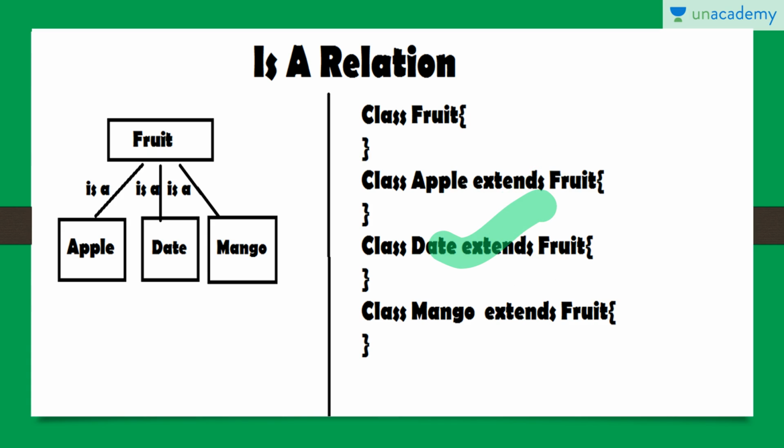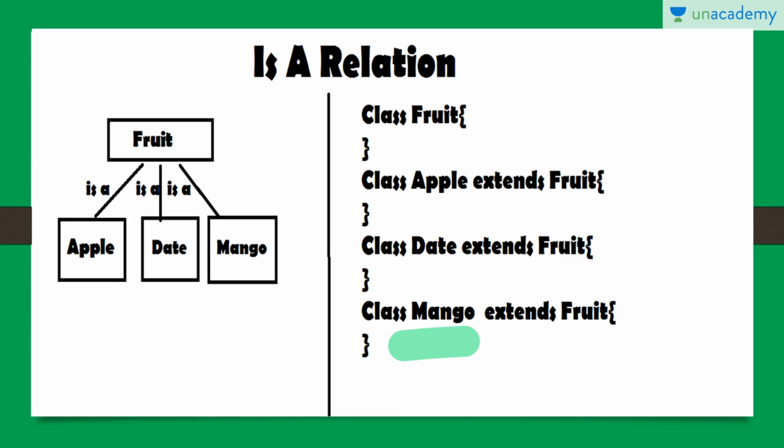They are not similar. They are fruits, so they will have all the features of fruits, but they also have some additional features. They will add those inside their own classes, and similarly mango is extending fruit, and it is also going to add some more features.